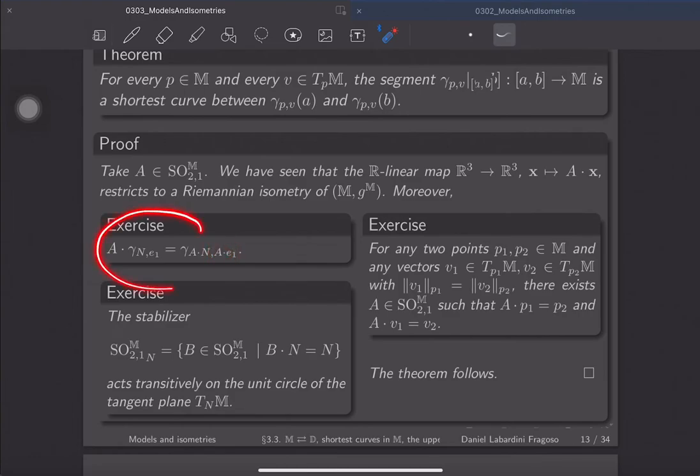Okay, this is the exercise. It's not hard, and I would say it's a very beautiful exercise.